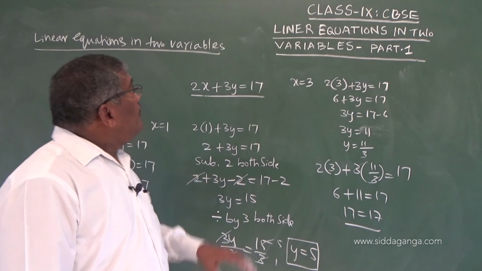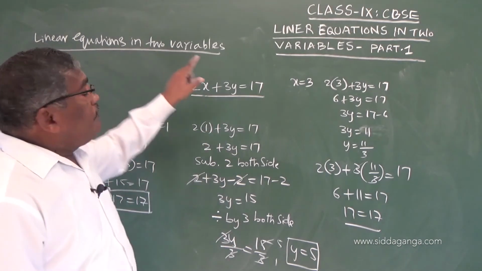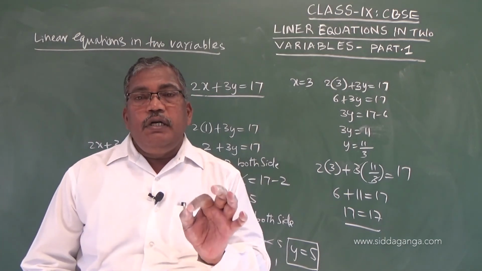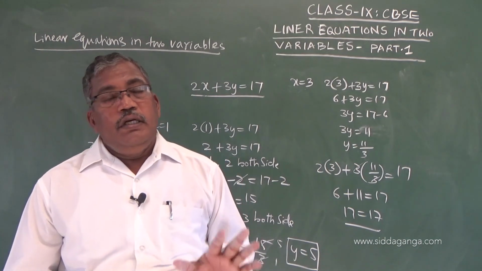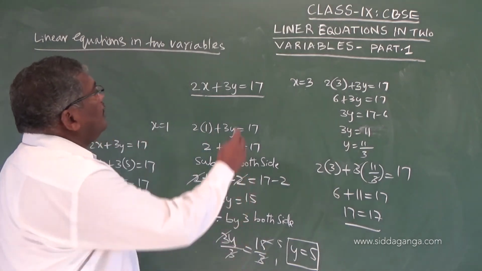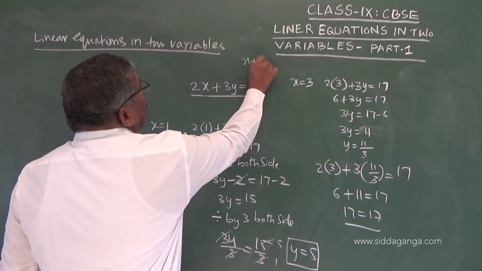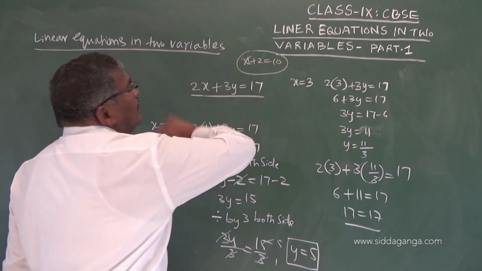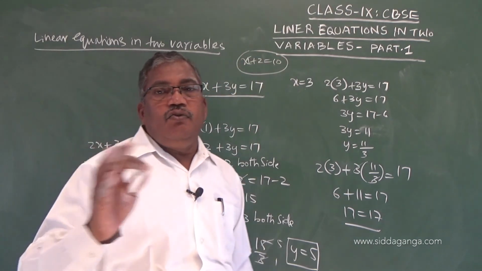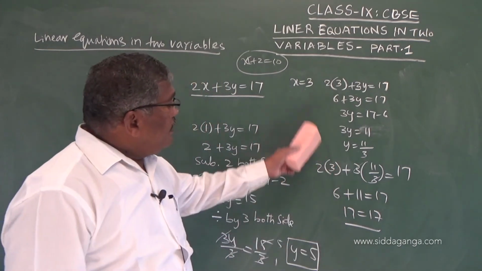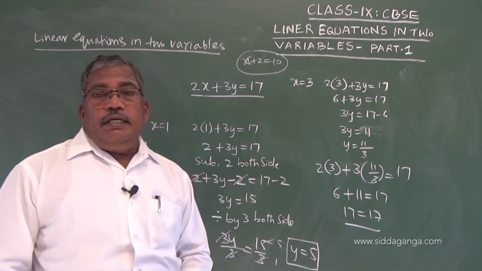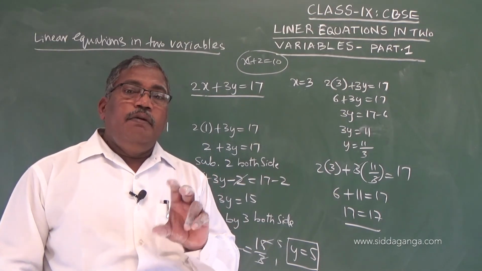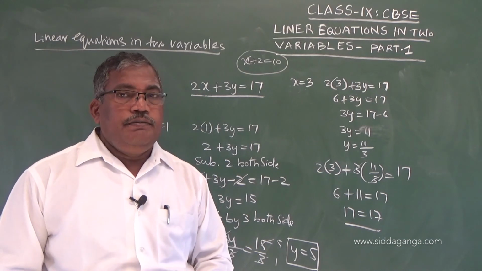So therefore, a linear equation in two variables will have multiple solutions. A linear equation in one variable, you remember x plus 2 is equal to 10, will have a single solution, x equals 8, no other solution. So here the case is different. A linear equation in two variables will have multiple solutions.